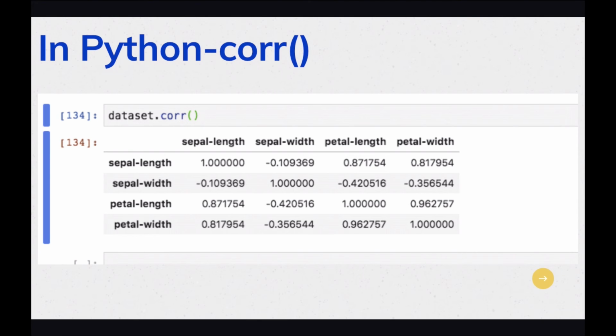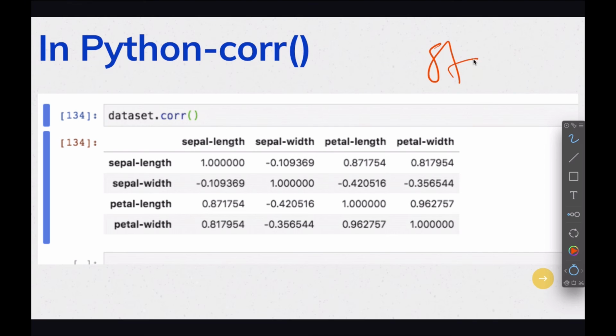As we saw in the previous videos, if you want to find a standard deviation, you just pick your data and do .std. You just use the std function. If you want to find the minimum in your data set, you just do .min.